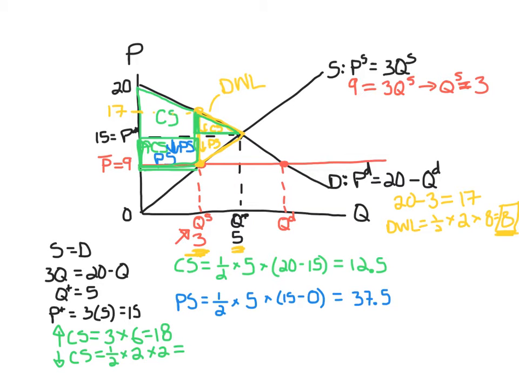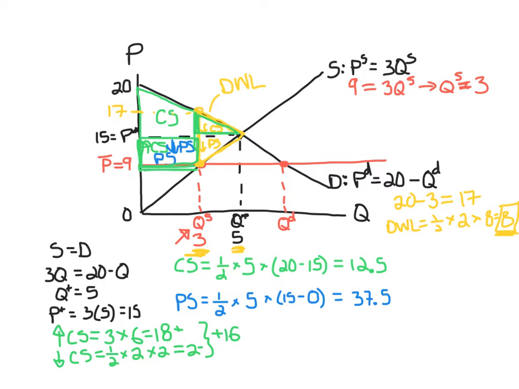So 1/2 times 2 times 2 is 2. So they gain 18, they lose 2, so the consumer surplus overall gains by 16. So that lower price does more than compensate for the loss in transactions when we think of the consumers as an entire group, even though some of those consumers are not in fact better off.